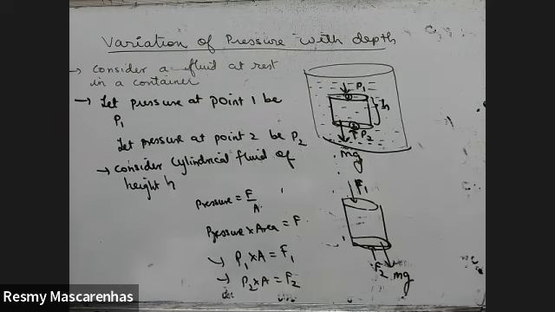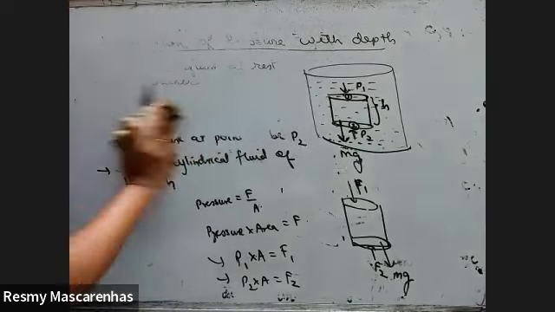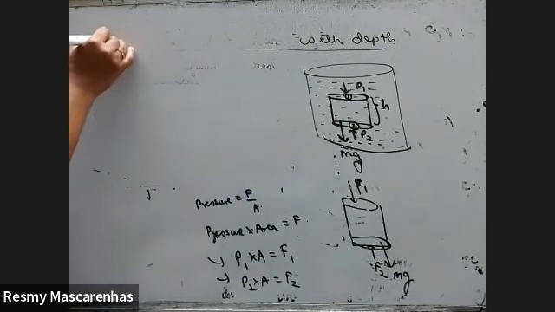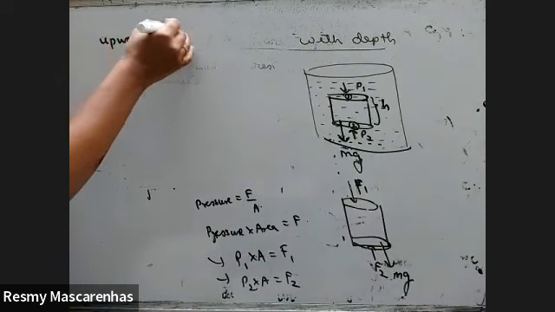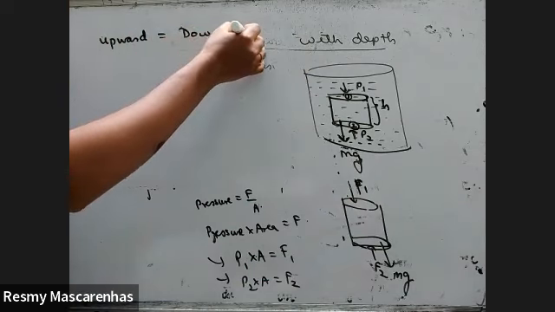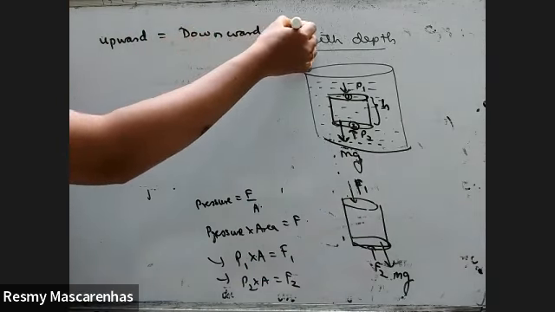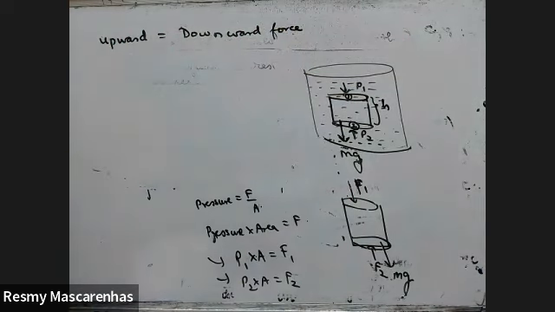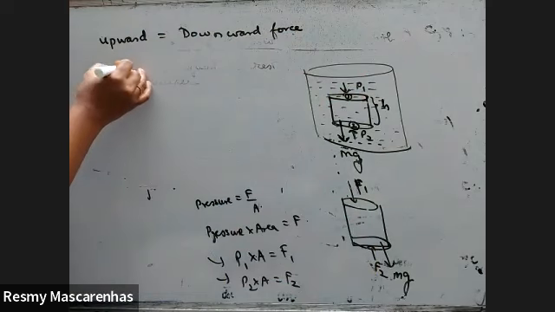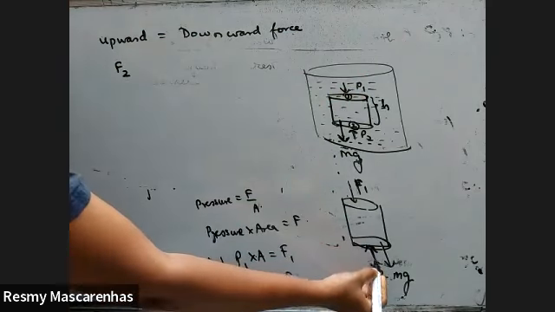So now you know that for any object, the upward forces will always be equal to the downward forces. So which are the upward forces? F2. There is only one upward force.